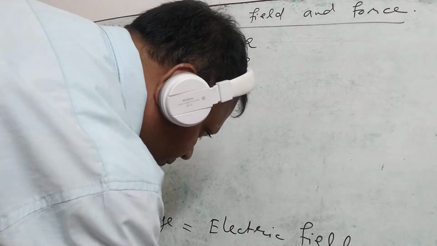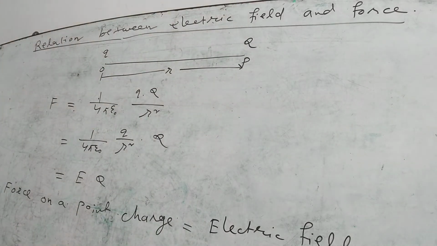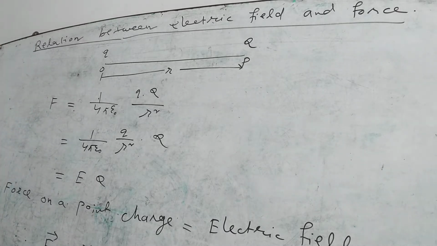So we can write F vector is equal to E vector into Q. This is the relation between electric field and force.